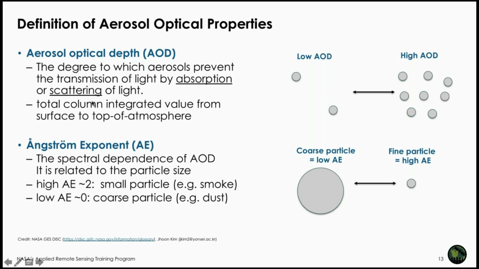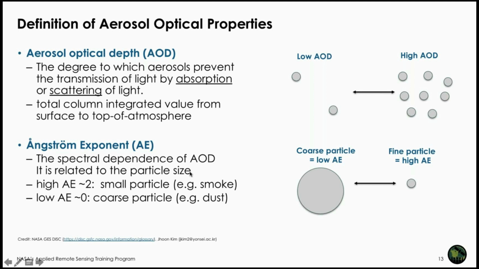This AOD value is a total column integrated value from the surface to the top of the atmosphere. So it is somewhat different from ground measured PM2.5 concentration due to the definition. If you want to get PM2.5 or PM10 from the satellite, we should consider this definition difference according to the altitude.